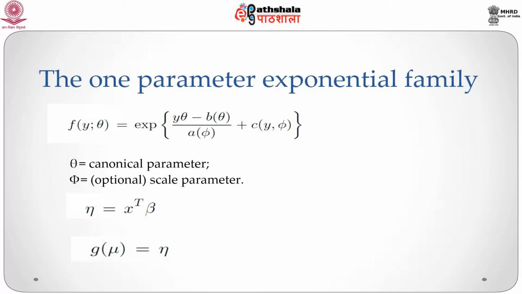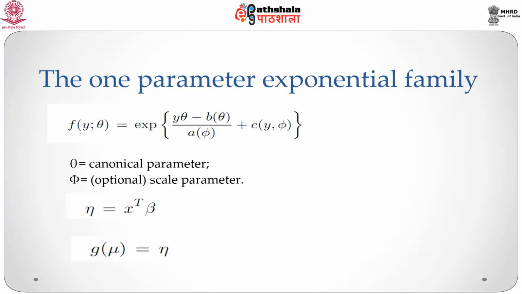Now, phi, as I said, is an optional scale parameter. As you know, when we write out the Bernoulli family of distributions, there is only one parameter, which is pi or logit of pi, and hence we can say that the Bernoulli family is a one-parameter exponential family with no scale parameter.